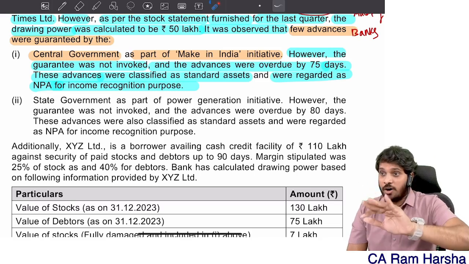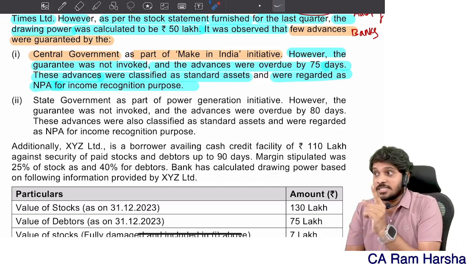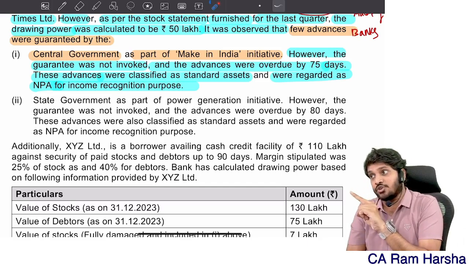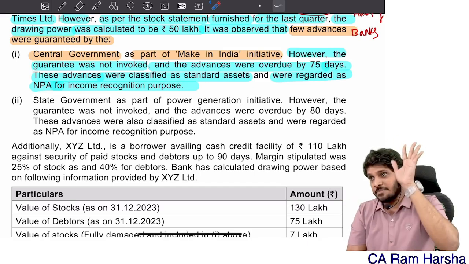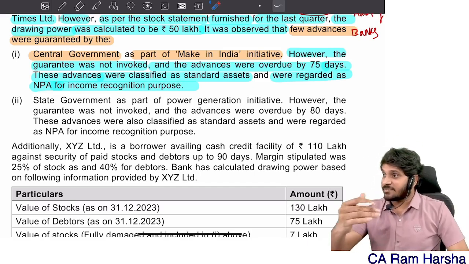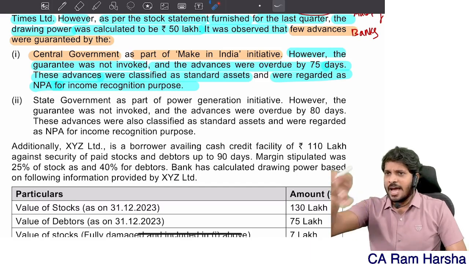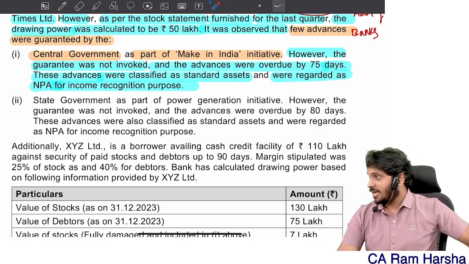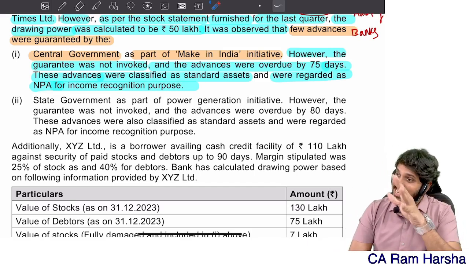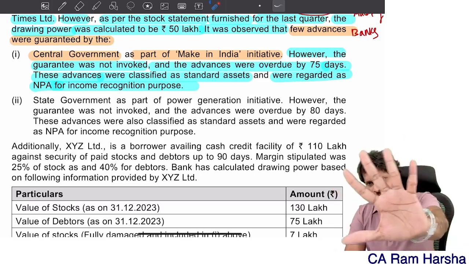But if at all, by any chance, a customer account has an outstanding balance more than the permitted amount to withdraw, more than the sanction limit, right away it's an NPA. Right away we classify that cash credit or overdraft as out of order, and we straight away classify it as what? NPA.